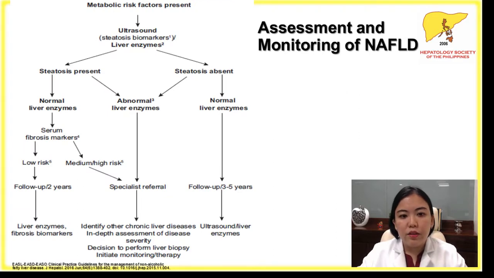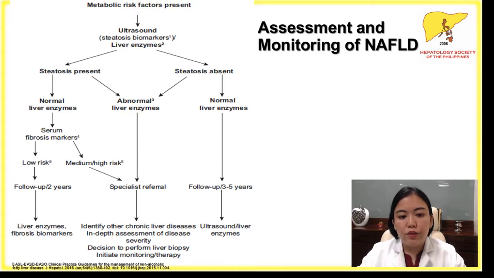In patients in our clinics who have metabolic risk factors, liver enzymes should be checked and an ultrasound done. If liver enzymes are normal and steatosis is absent, liver enzymes and an ultrasound may be repeated in 3 to 5 years. If liver enzymes are normal, but steatosis is present on ultrasound, serum fibrosis biomarkers may be requested.